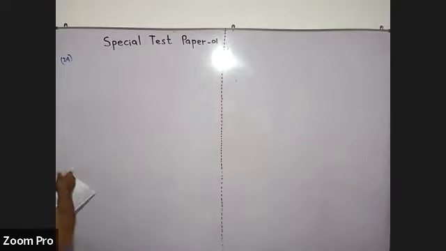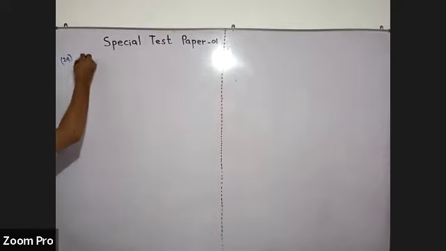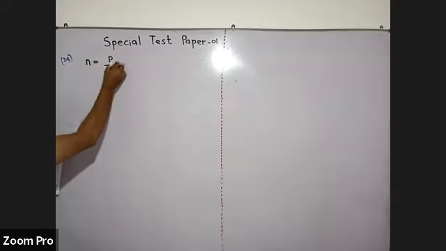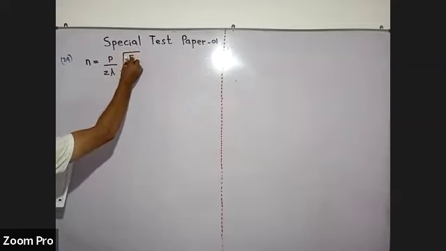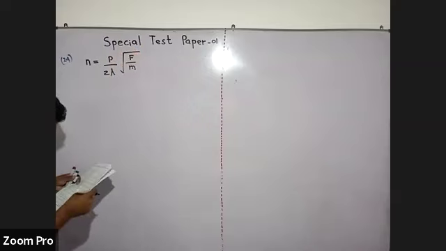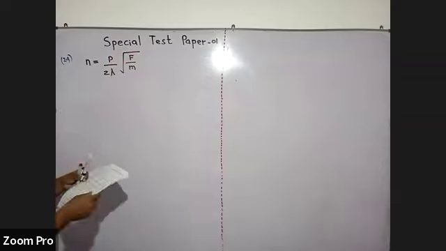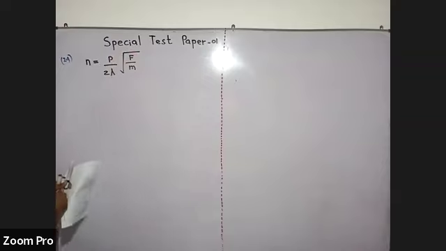This is the given equation: n equals p over 2L root F over M. Now when considering the dimension, we can neglect the p, right?